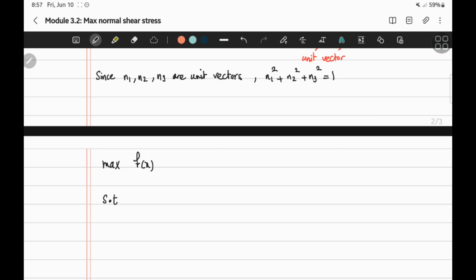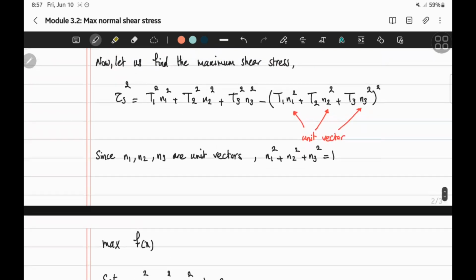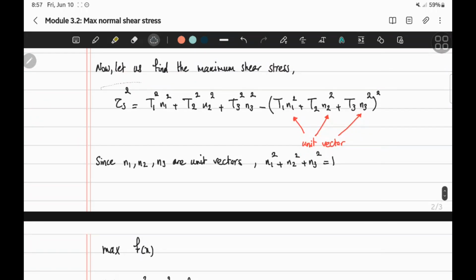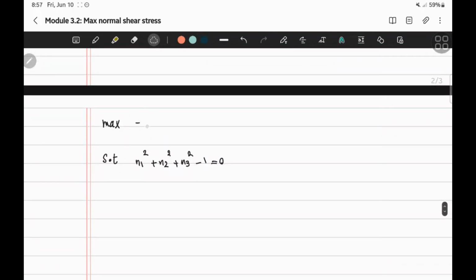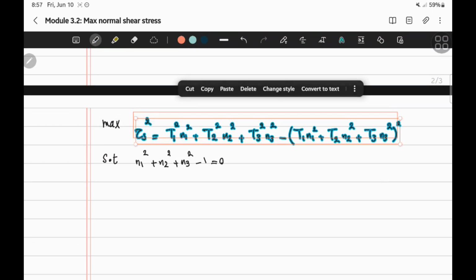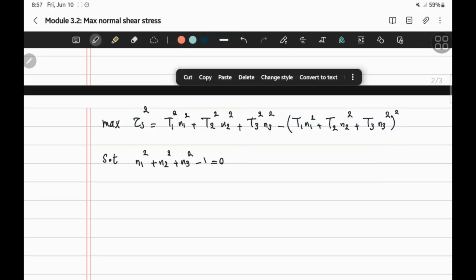Here g of x is this equation, which we write like this in optimization, and f of x is basically this equation here.